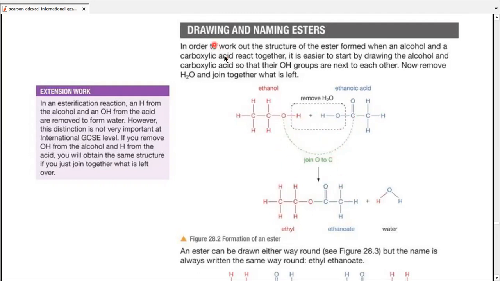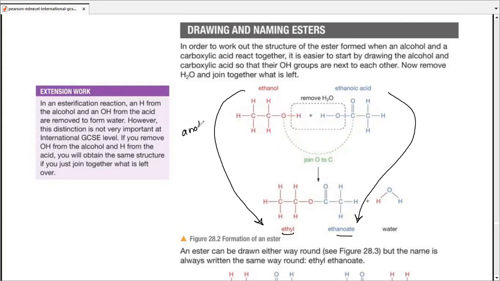From this structure, they have drawn a colored portion so that you may understand that the alcohol gives the first part of the name, and ethanoic acid gives the second part of the name. Let me tell you, it's pretty easy. From the alcohol, the last suffix is -anol. Convert that suffix into -yl, ethanol into ethyl.